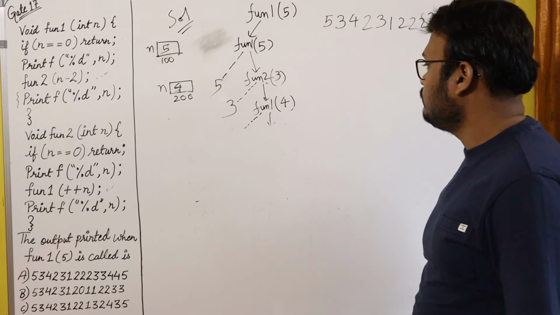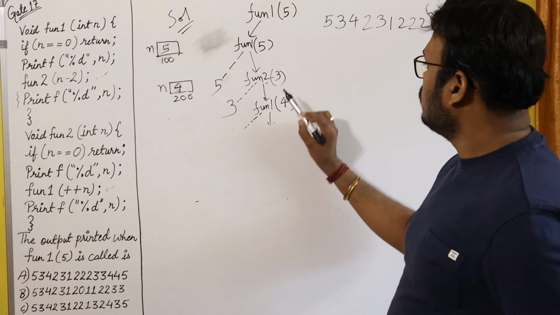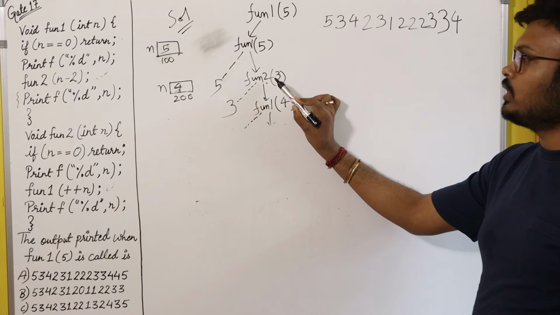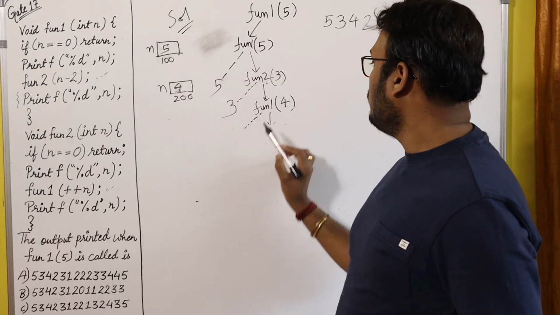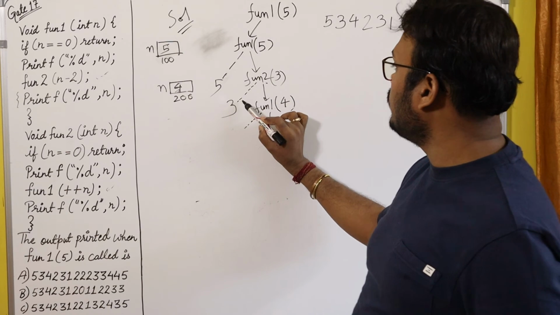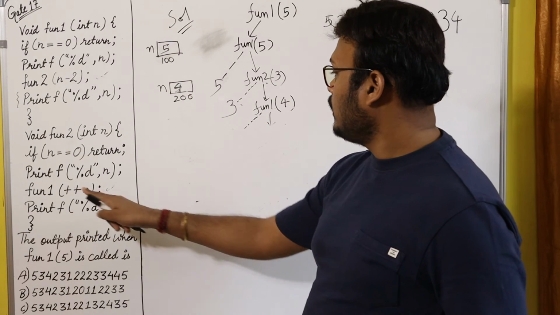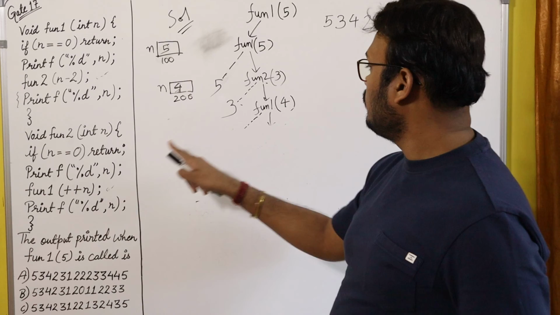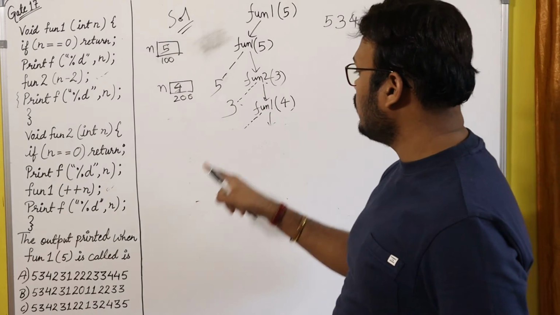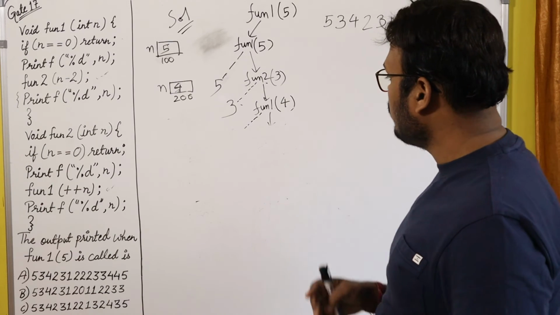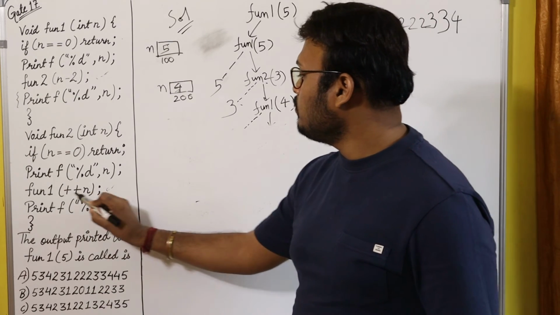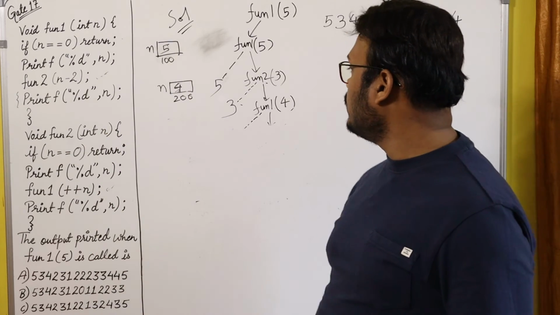So now you see this function 1 is over. Which function called this function 1? Function 2 called this function 1. Before calling function 1, function 2 executed this print statement, through which 3 got printed, and after that function 2 executed this function 1. This function 1 has already completed, and now this printf statement is left to be executed by function 2.